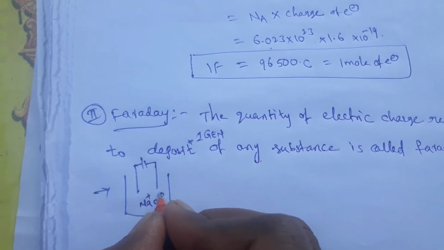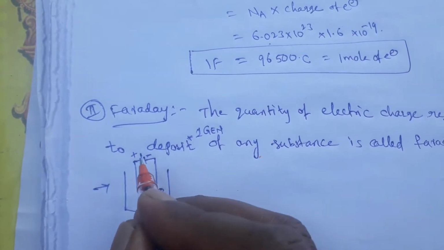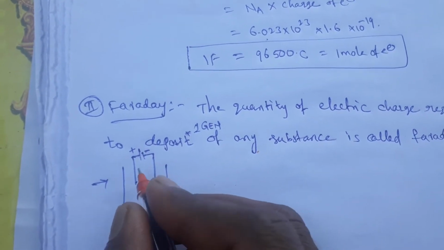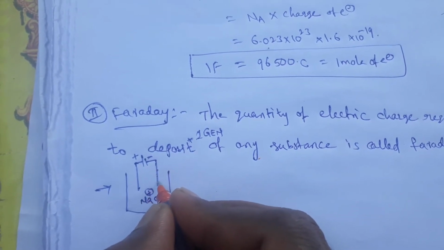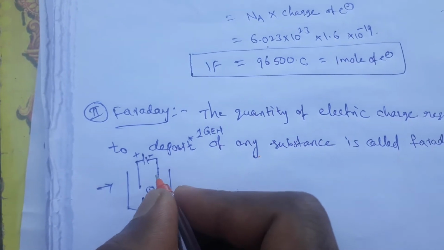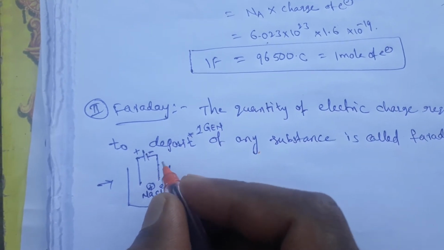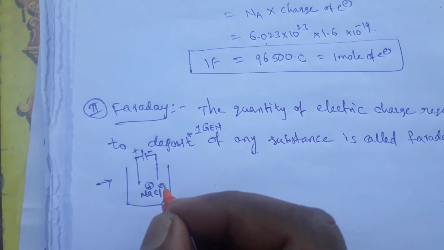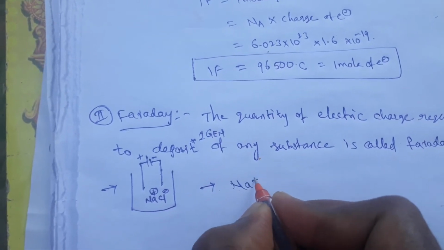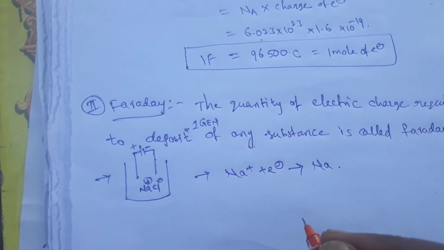So here Na plus and Cl minus; the anode is positive and the cathode is negative, and when you pass electric charge, there are electrons here, so immediately sodium will undergo reduction and be deposited on the negatively charged electrode, that is the cathode. So sodium plus takes an electron, undergoes reduction and is deposited as sodium.